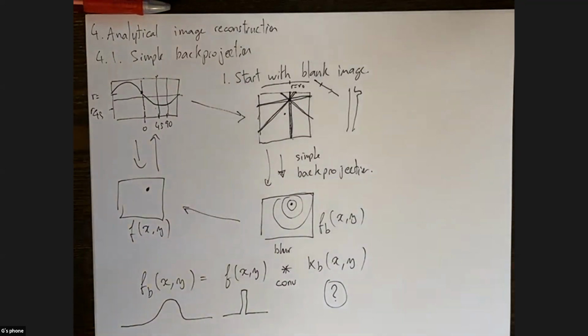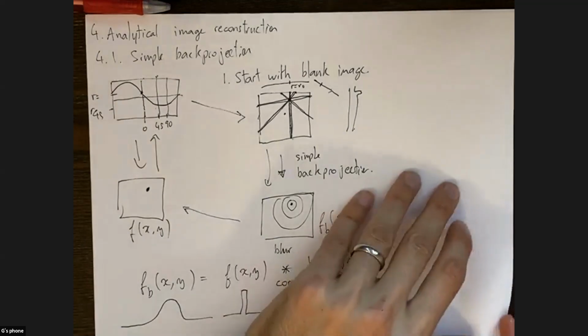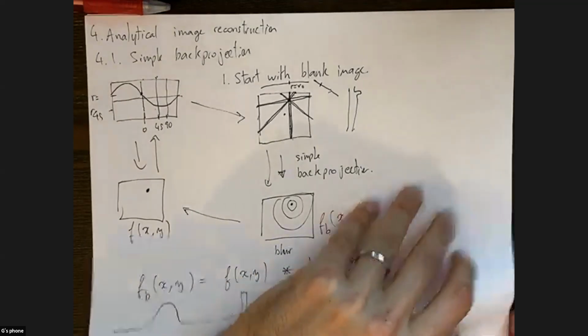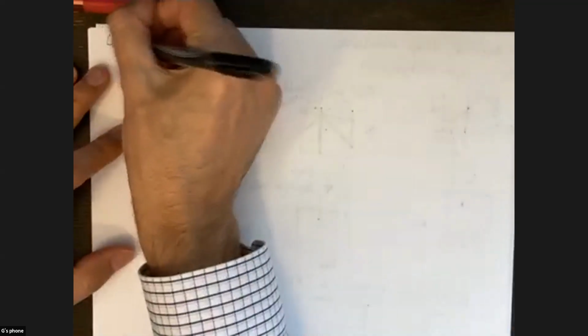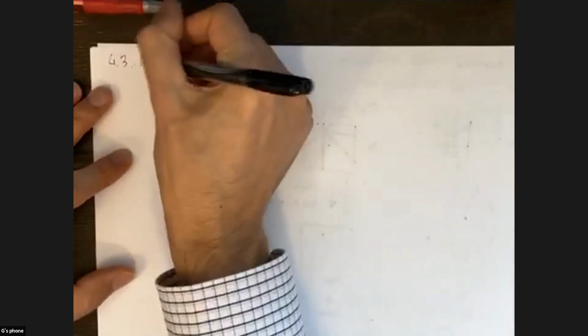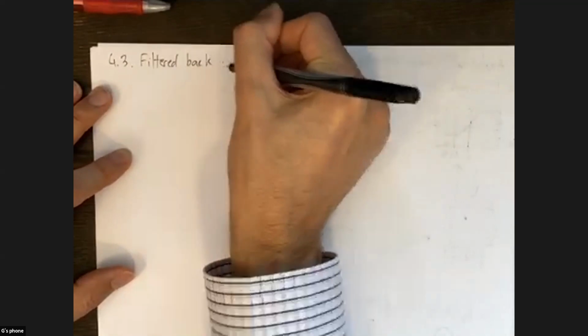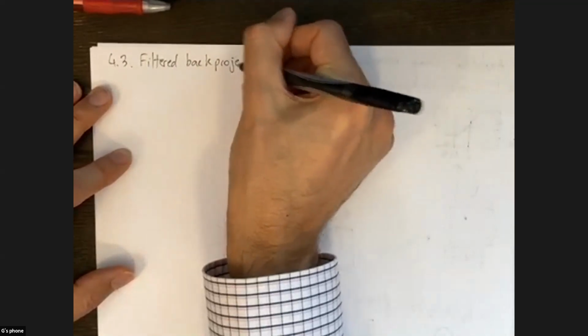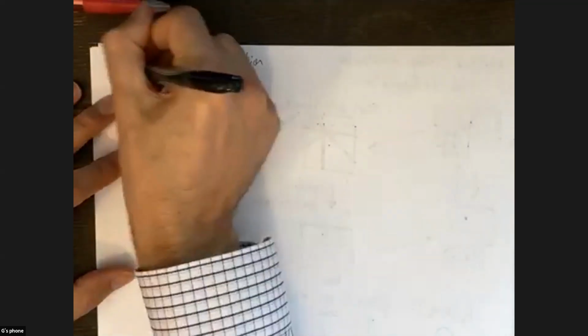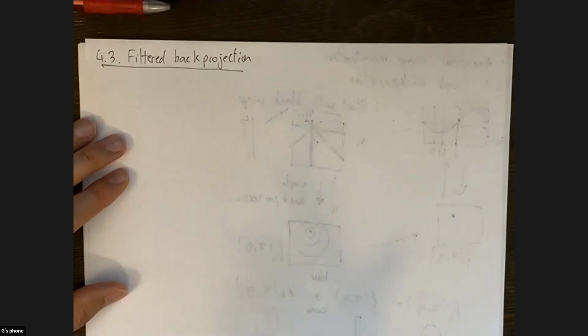And that's where I'm going to introduce another type of operation called filtered back projection. The goal of filtered back projection is to remove the blur, so generate an image that doesn't have the blur.